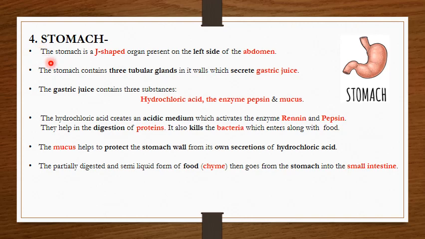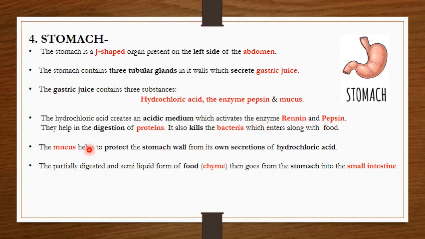4. Stomach. The stomach is a J-shaped organ present on the left side of the abdomen. The stomach contains 3 tubular glands in its wall which secrete gastric juice. The gastric juice contains 3 substances: hydrochloric acid, the enzyme pepsin and mucus. The hydrochloric acid creates an acidic medium which activates the enzyme renin and pepsin.